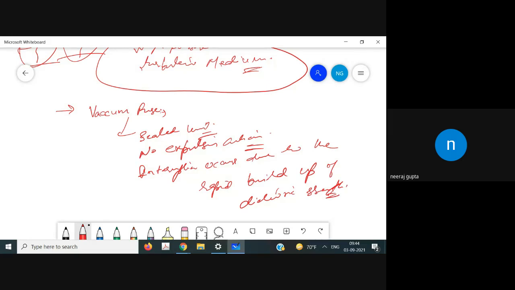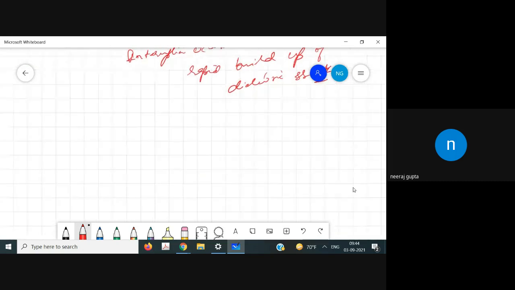So these are the non-current limiting fuses, that is, we cannot limit the current in these two cases, the expulsion type and the vacuum type fuses. Now, the third one is the current limiting fuse.